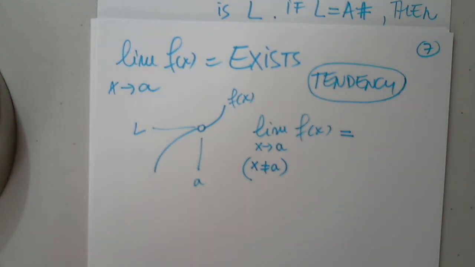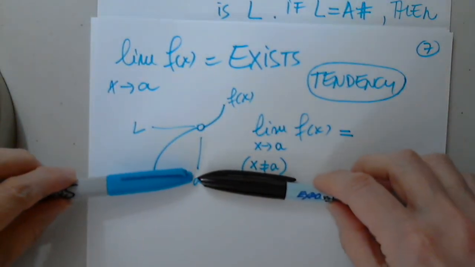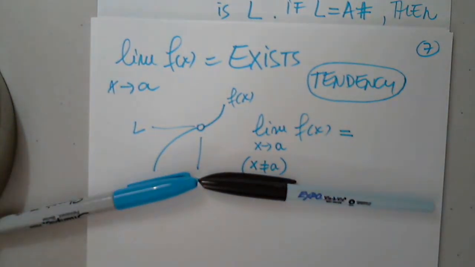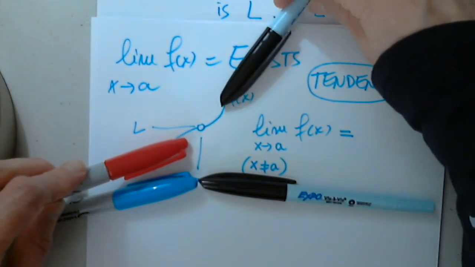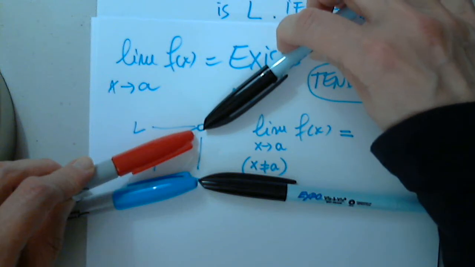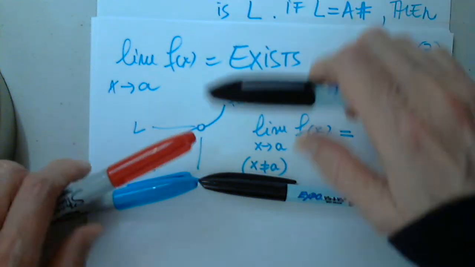So will the limit exist? As x approaches A simultaneously from either side, do the function values get closer and closer to L? Would it be yes? Yes.